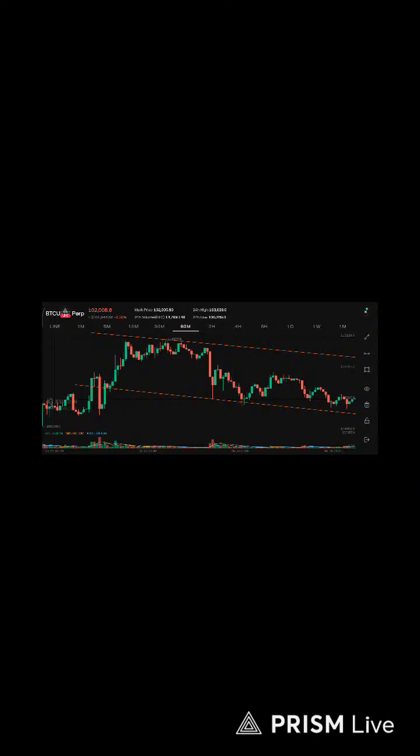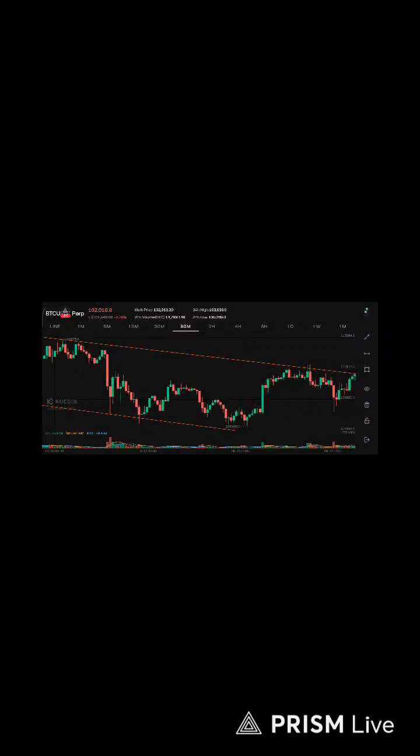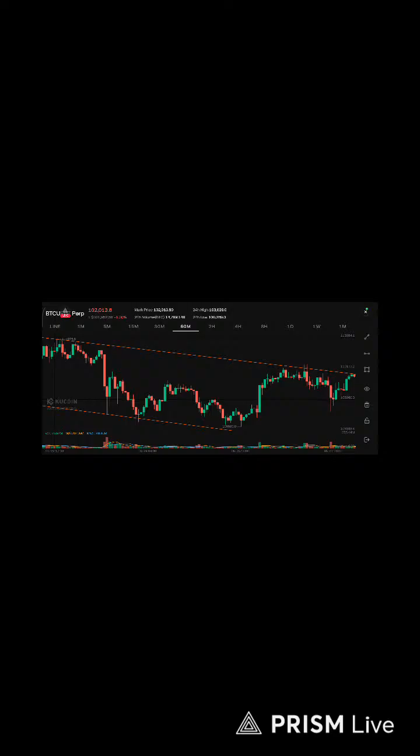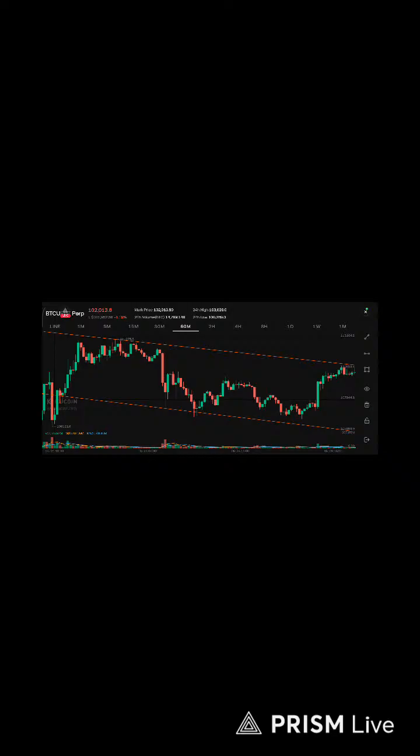So this already tells you that the sellers are already taking the market because of this large bearish stick candle that is being formed here.